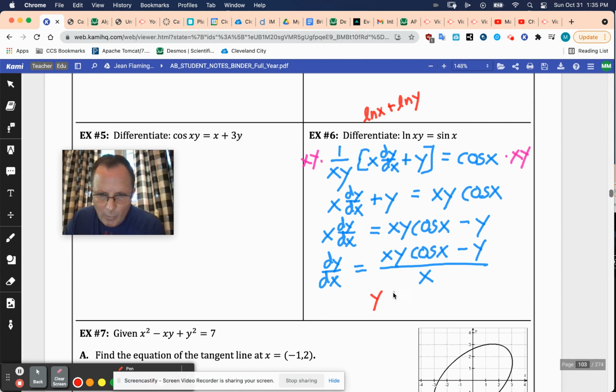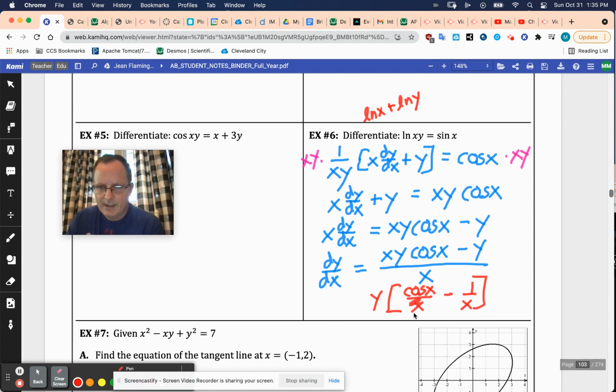So I have the y factored out, and then here the x's would cancel on that first fraction, and you'd have cosine x over x. It's all the same stuff. I actually think I like ours better, to be honest with you. And then minus with that y factored out, and there's no x to be found on that term. That's a 1, and then you got 1 over x.